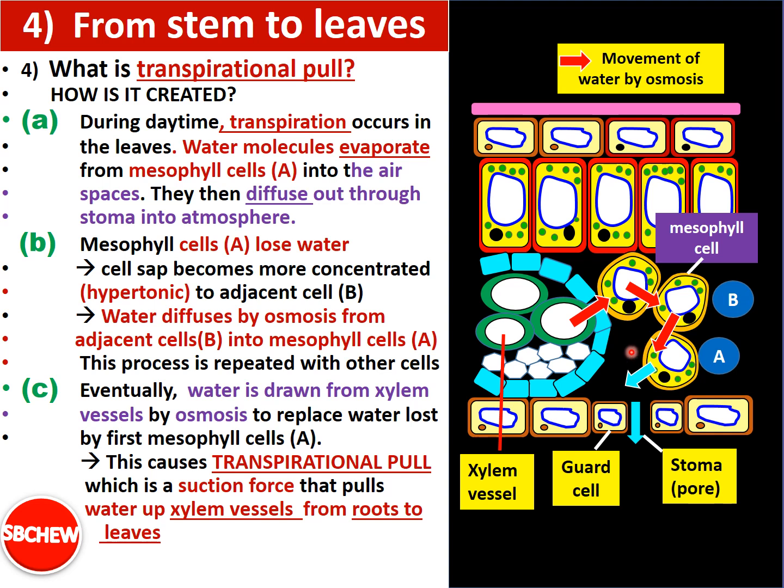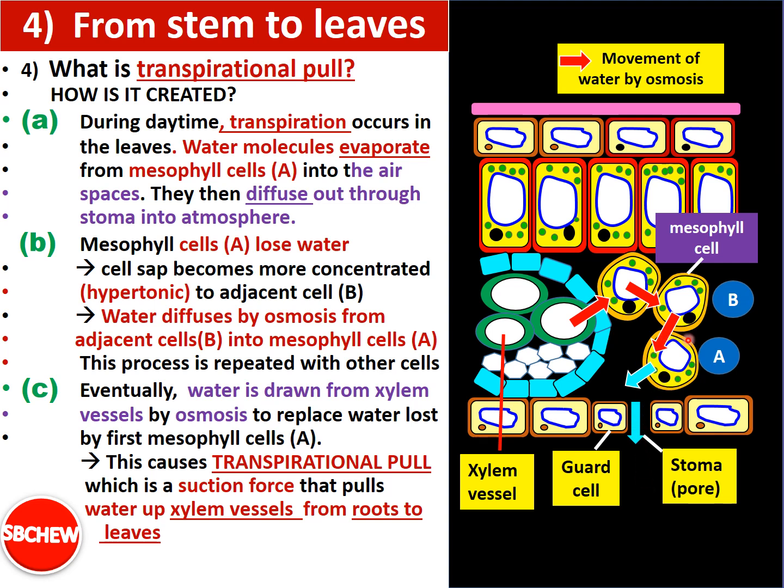Next, the water will diffuse out through the stoma into the atmosphere, which has a lower concentration of water than the leaf. Thus, transpiration involves two processes: evaporation of water from the cells and then diffusion of water out from the leaf.